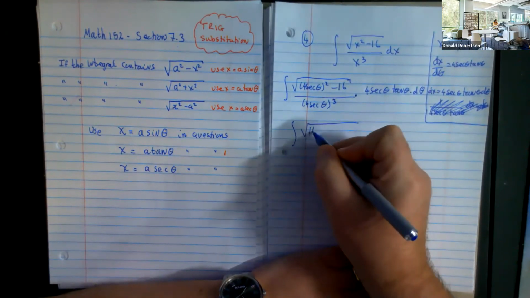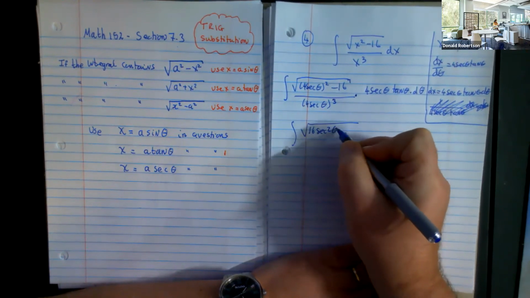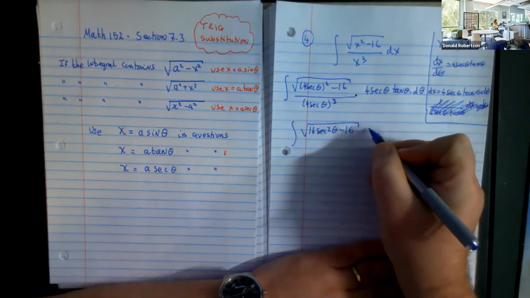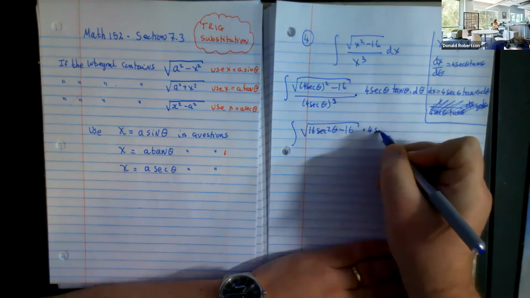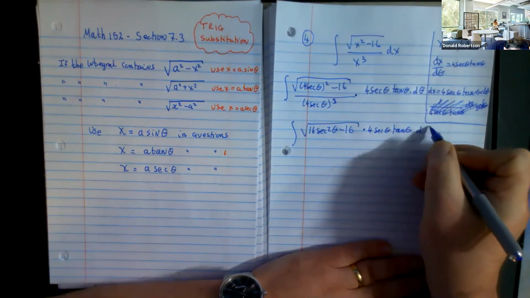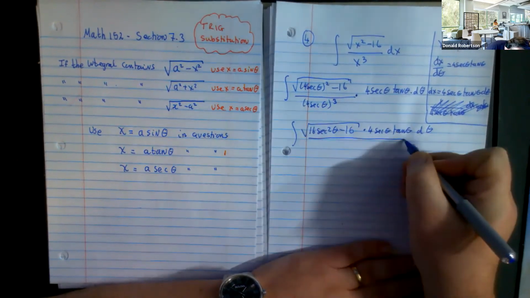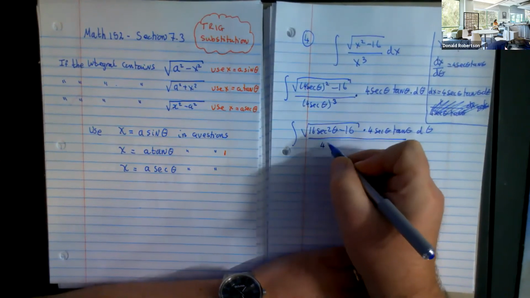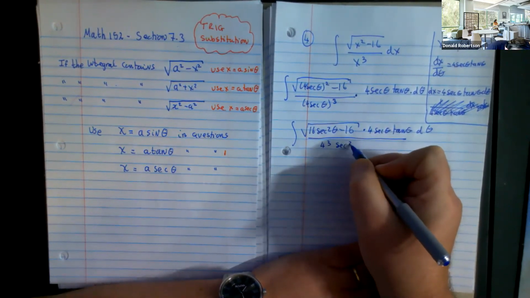So I get the square root of 16 secant squared theta take away 16, over 4 cubed secant cubed theta, times 4 secant tan.